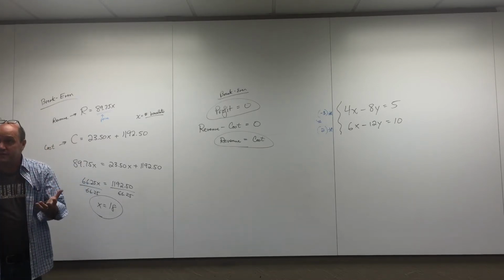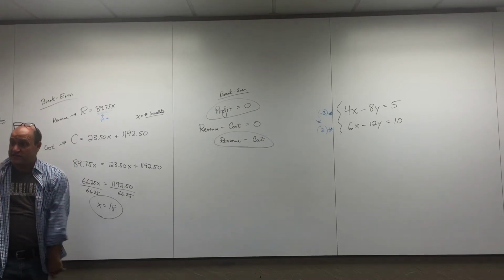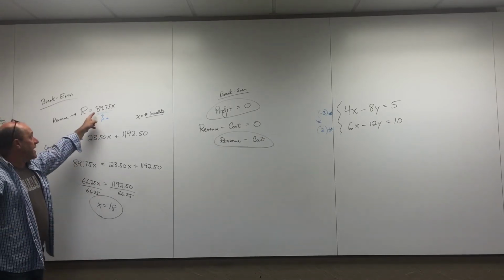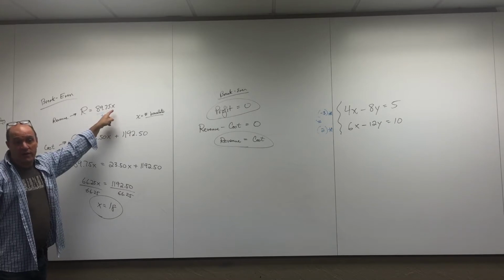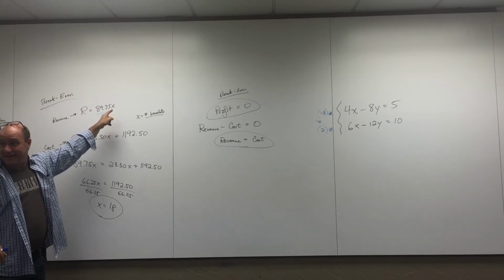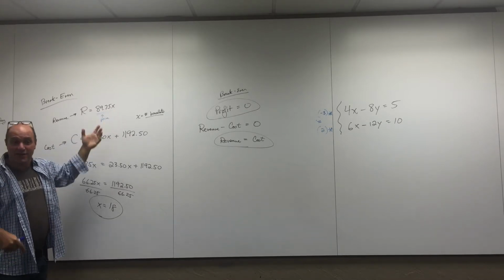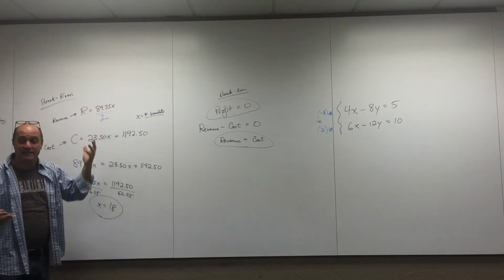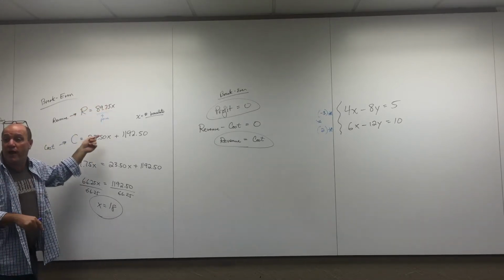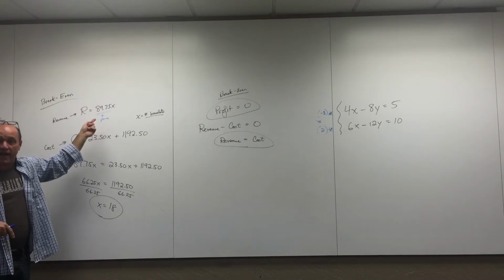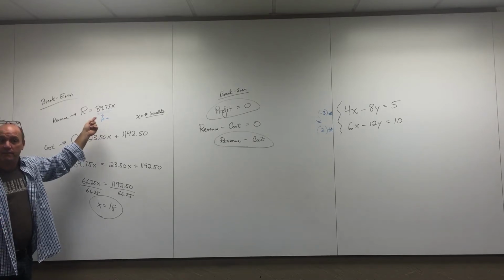Because revenue is the money I take in. So if I sell one thing, I bring in $89.75. What did I sell it for? I sold it for $89.75. If I sell two things, it's 2 times 89.75. This is my retail price. That $89.75 is the price that I sell them for.